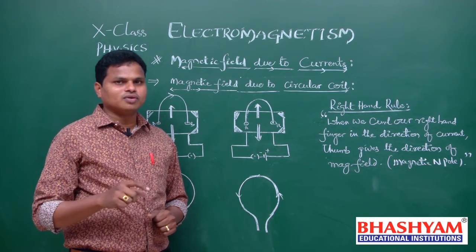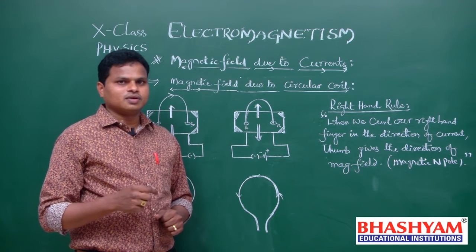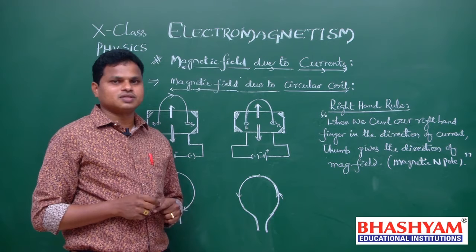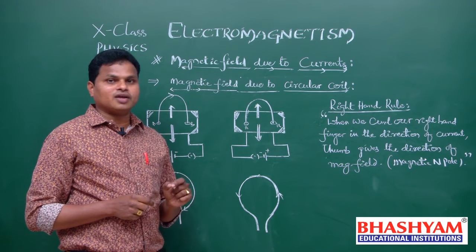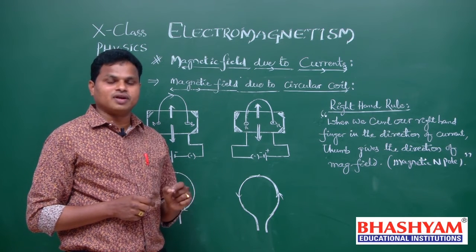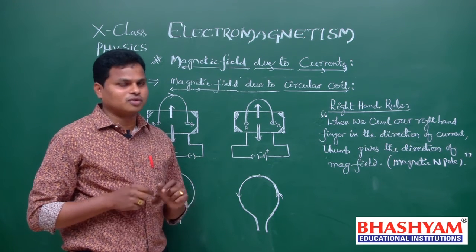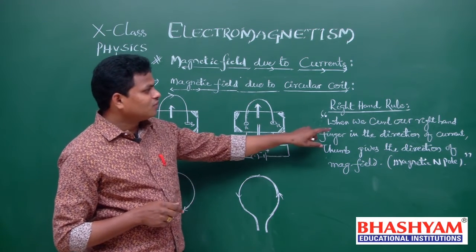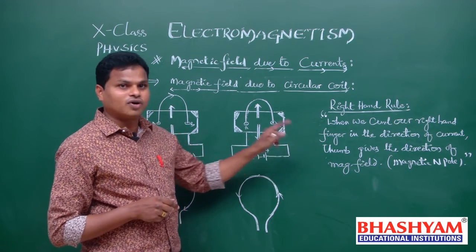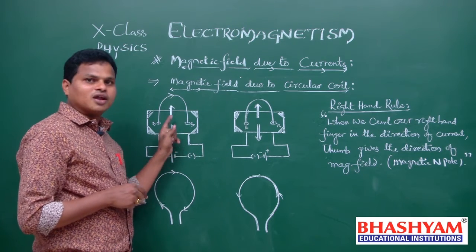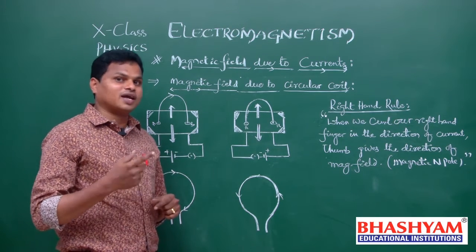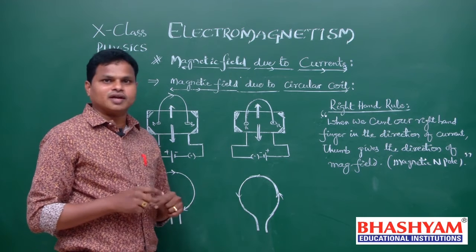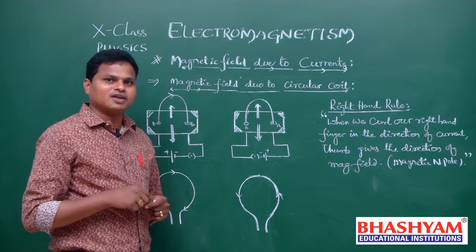Right hand thumb rule we use when the current passes through a straight wire, and at any point of the wire you can find the direction of the magnetic field by using the right hand thumb rule. But the right hand rule is used for a circular coil and solenoid. By using the right hand rule you can determine the direction of magnetic fields.